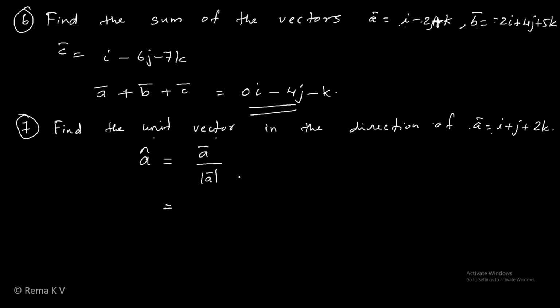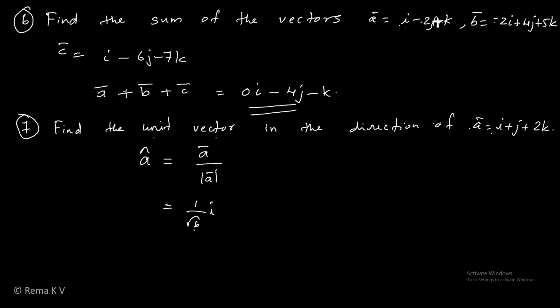So which is the answer? The unit vector in the direction of vector A is 1 by root 6, which is the modulus, i.